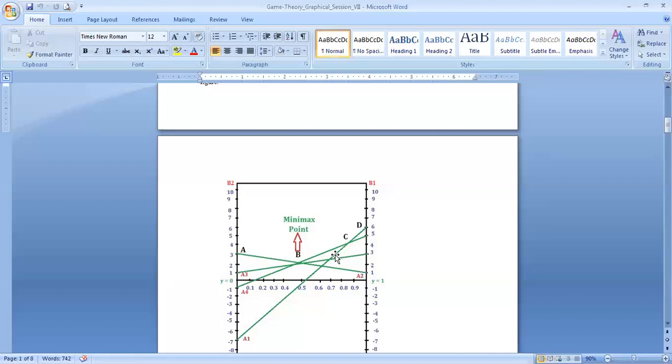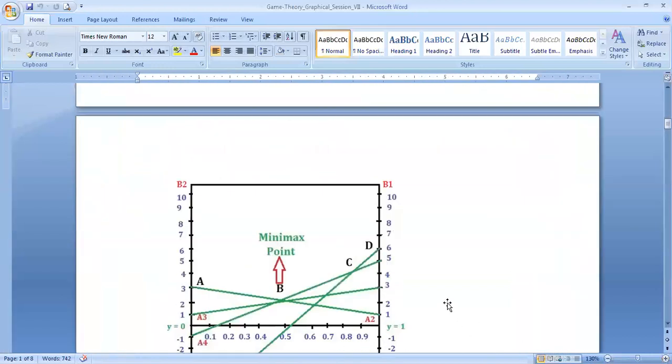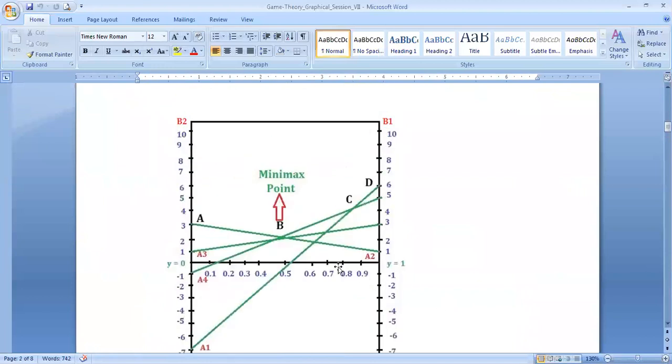And if you observe keenly, you will see that this point B is intersected by the lines A2 and A4. A2 and A4 intersect at point B, and point C, point D and point A are to be located.